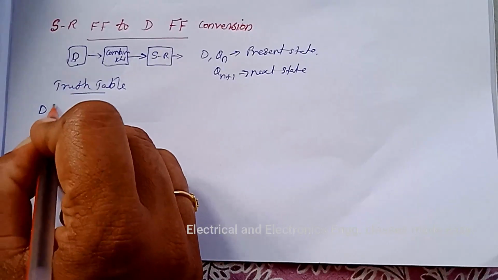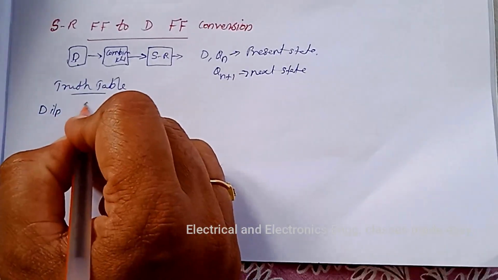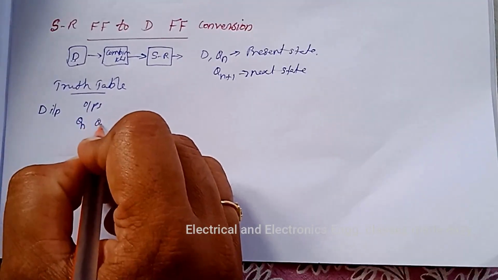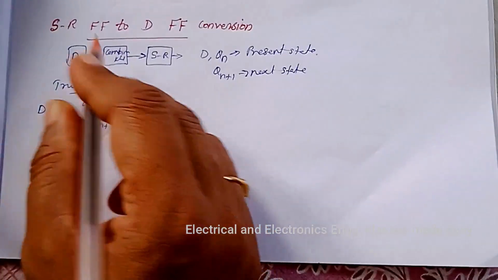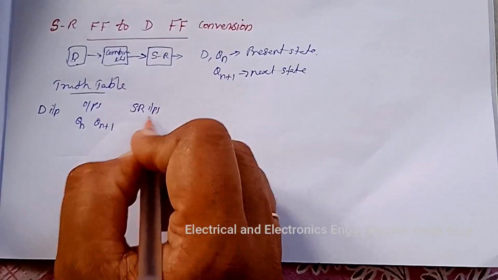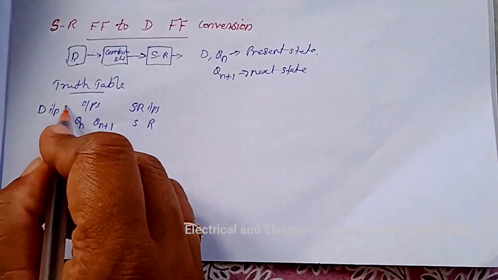So first one D input, then outputs Qn and Qn plus 1, then SR inputs, that is S and R.